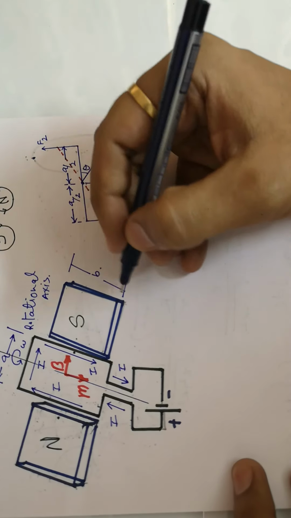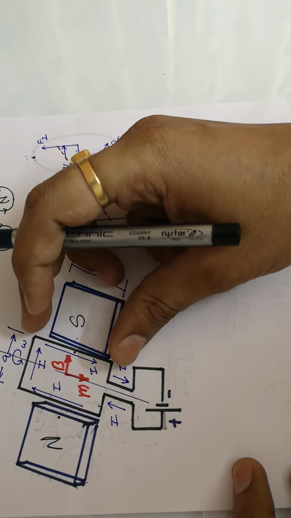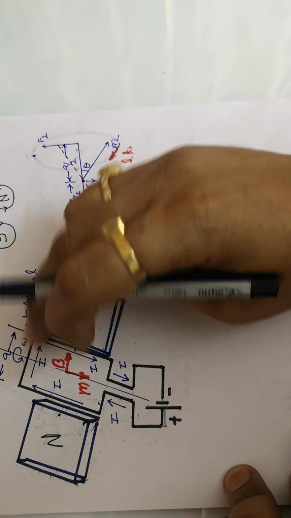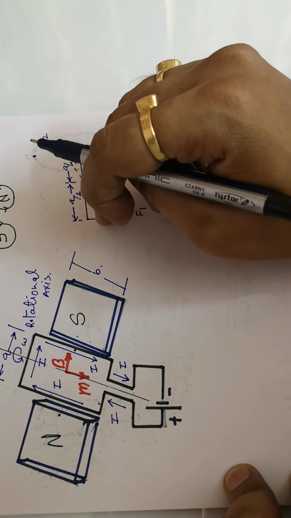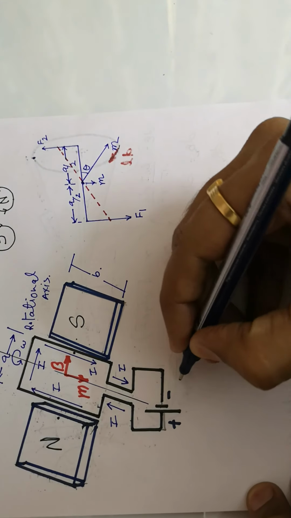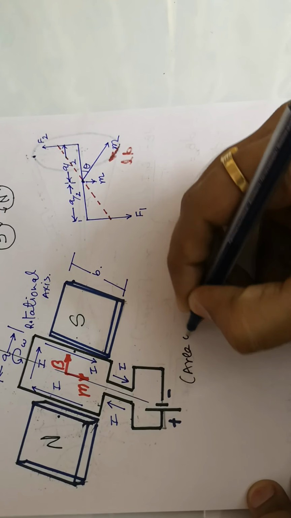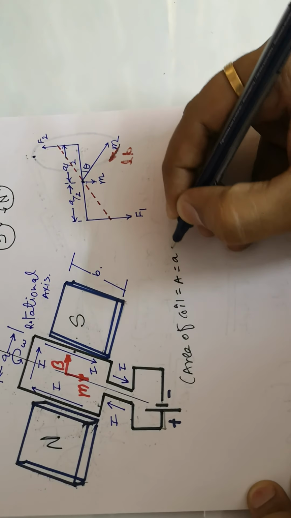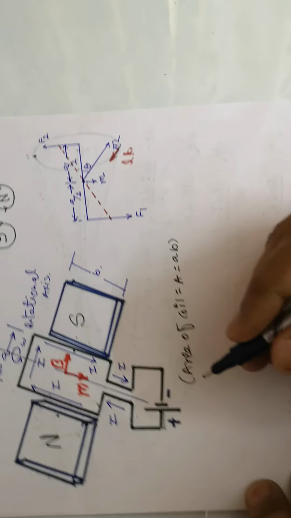So first of all, the width for this segment is called a, and the length is called b. I have the area, so I'm saying that the area of the coil is capital A, equal to a multiplied by b.